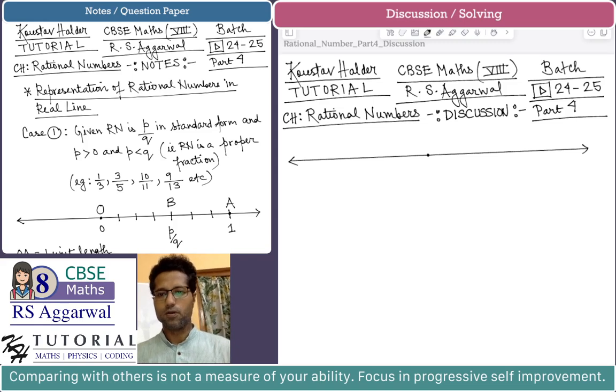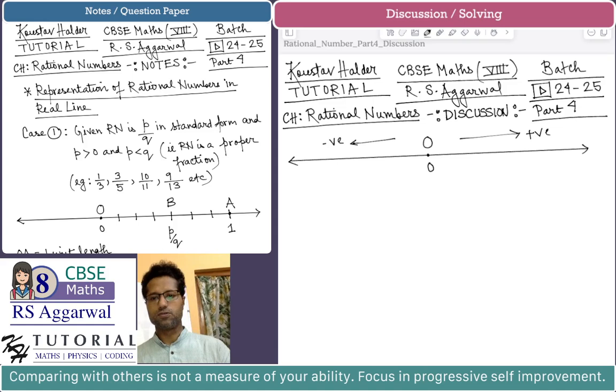You mark the point as O, which represents the origin, and all the numbers greater than 0, that is positive numbers, you mark on the right hand side of the origin, and all the negative numbers you mark on the left hand side of the point O.